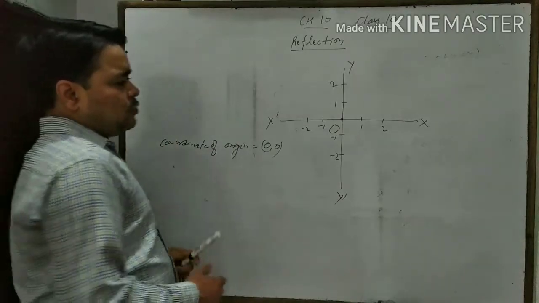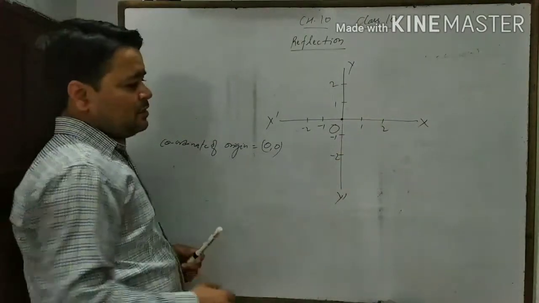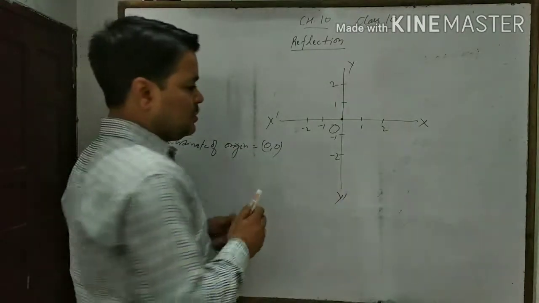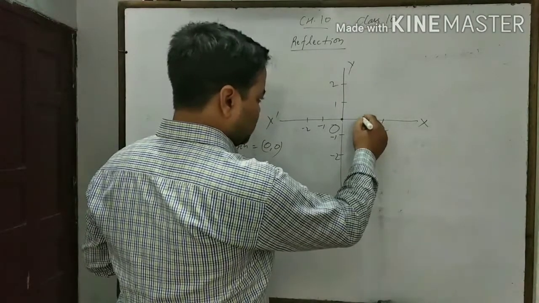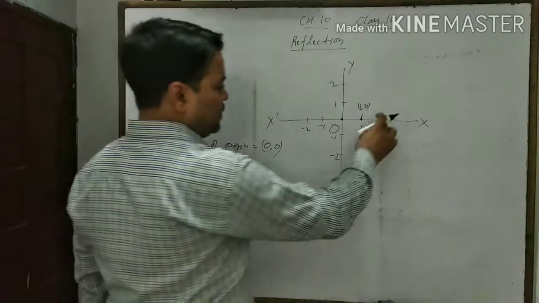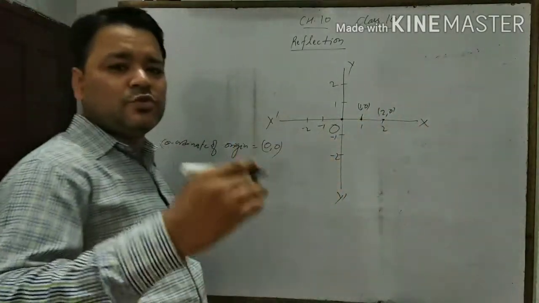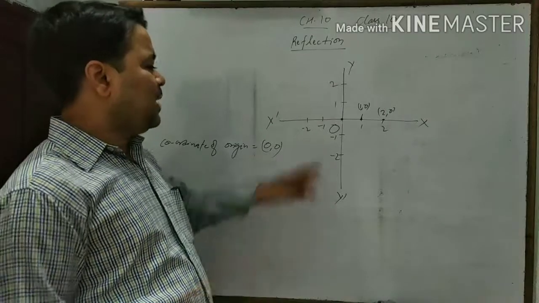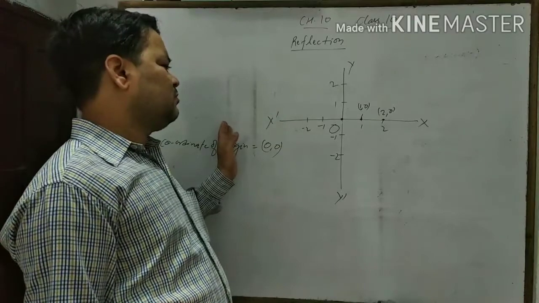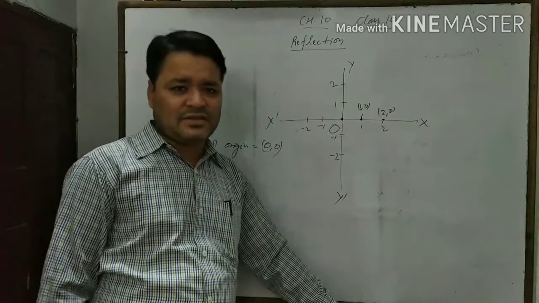Very simple. Now, if any person is moving this side, then in the x direction it will be first one step, and in the y direction 0. Therefore, the coordinate of this point is 1, 0. The coordinate of this point is 2, 0. Similarly 1, 0; 2, 0; 3, 0; 4, 0; and minus 1, 0; minus 2, 0; minus 3, 0; minus 4, 0 are the coordinates of points on the x-axis.